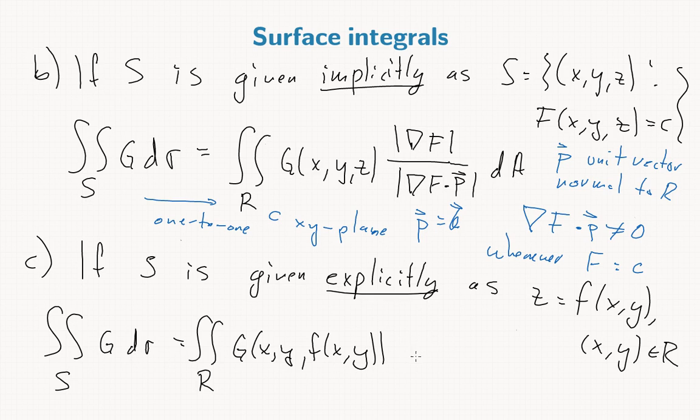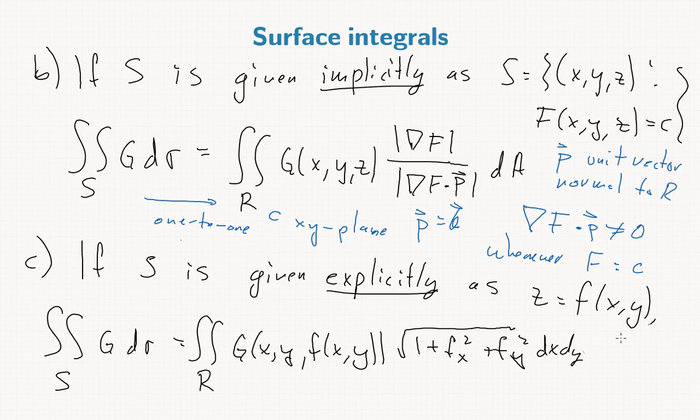And then we saw that the surface area differential here is given by the square root of 1 plus f_x squared, this is the partial with respect to x of f, plus f_y squared, and then dx dy. All right, so these are the formulas, and now we can go off and calculate lots of things with these.